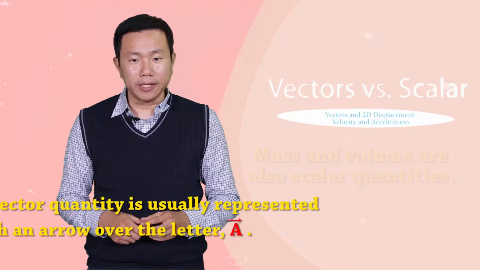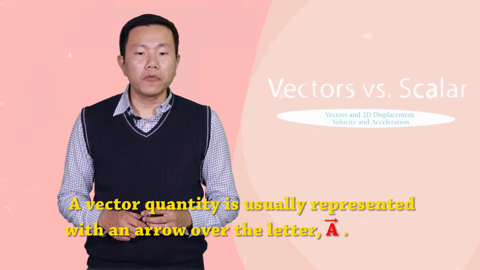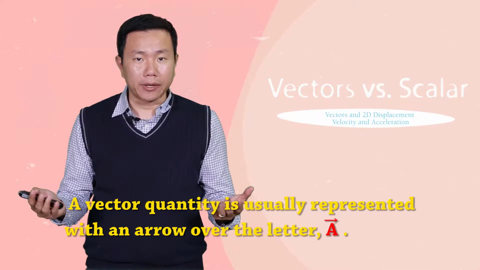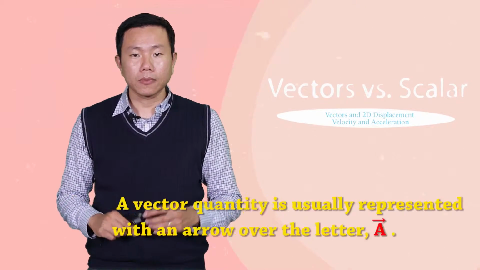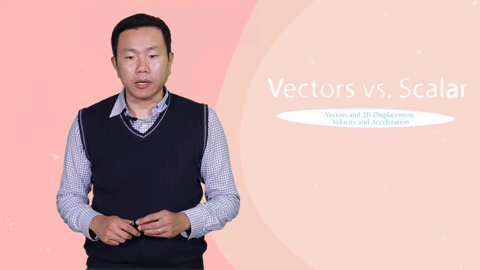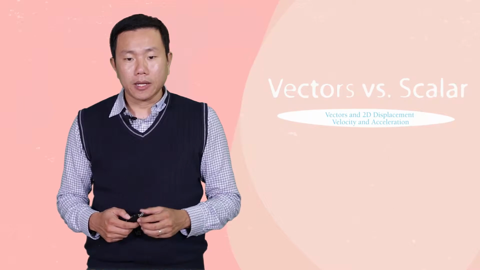A vector quantity is usually represented with an arrow over the letter, for example letter A with an arrow on top. Ordinary arithmetic operations are used for scalar quantities.